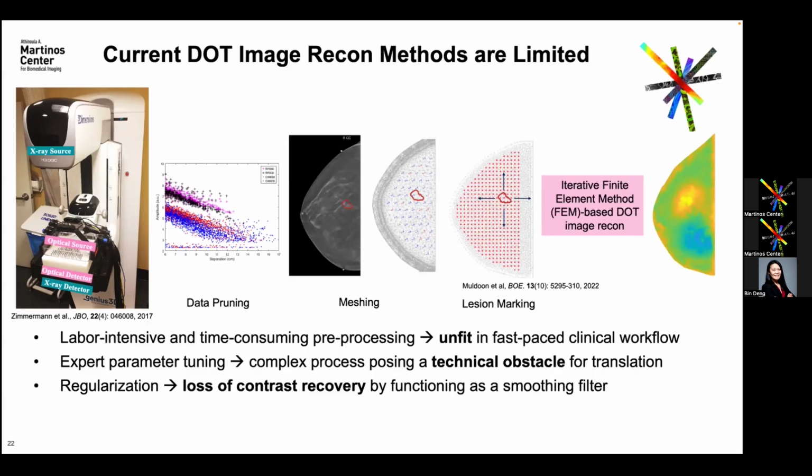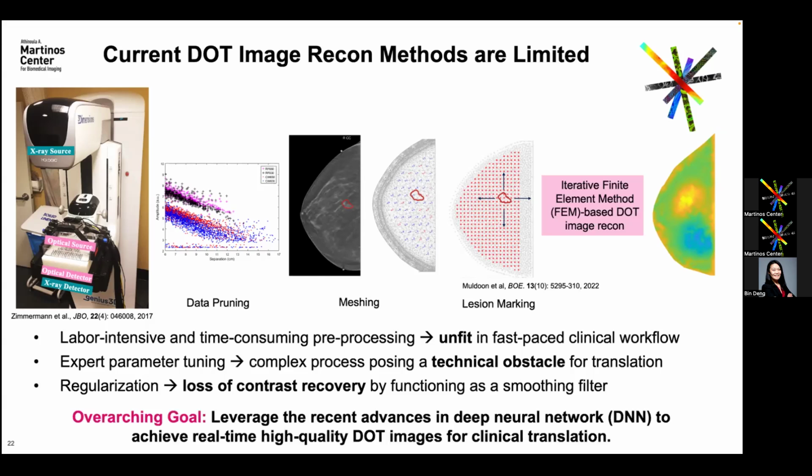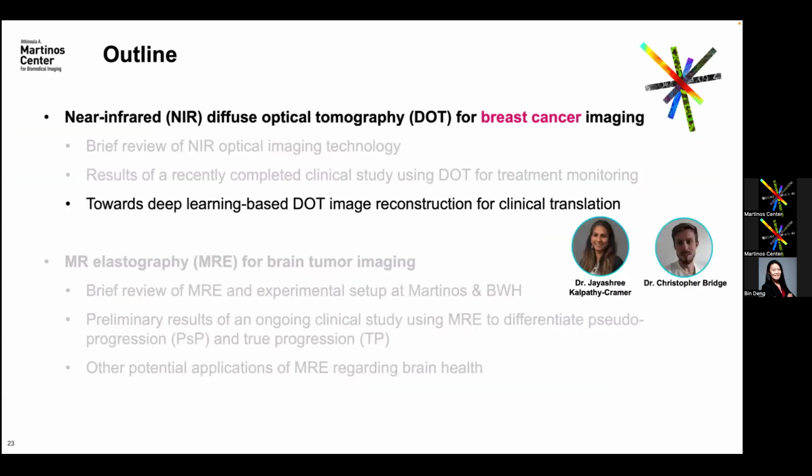The regularization helps to get a stable solution, but also has the side effect of functioning as a smoothing filter that causes the image to blur. So our goal is to leverage recent advances in deep neural networks and see how they can help us achieve real-time, high-quality DOT images to accelerate the clinical translation of DOT for breast cancer imaging.